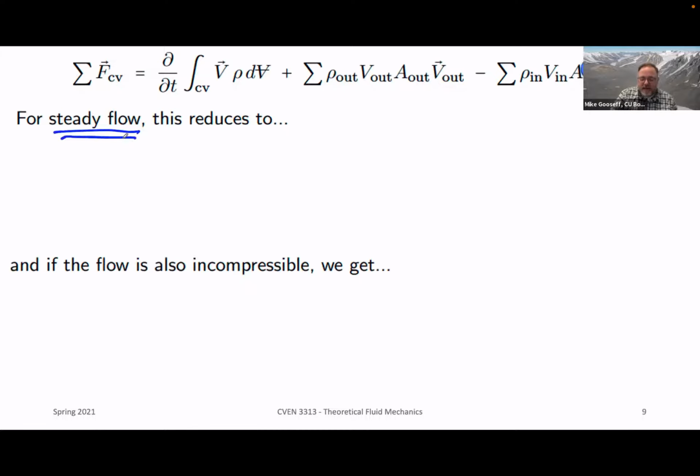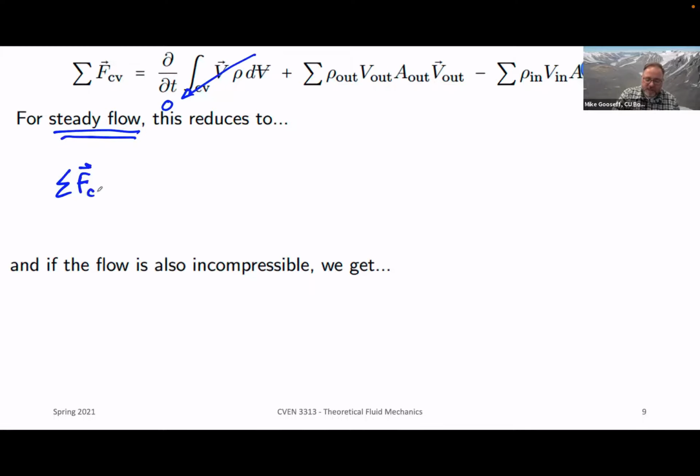For steady flow, remember that this term is going to go to zero. So for steady flow, we would end up with a simplified version of this. I've been missing the vector notation on my force over the control volume, sorry about that.